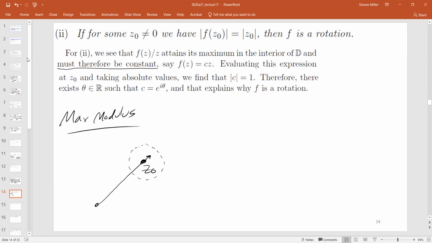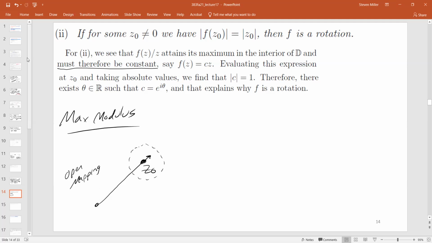And so it is true, this is part of the maximum modulus principle, but we are really using the open mapping theorem to really make this explicit. That if you did attain your maximum in the interior, because the image is an open set, you would also have to obtain something a little bit larger as well.